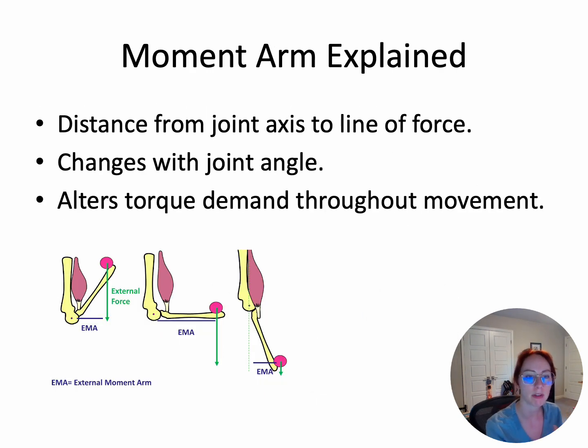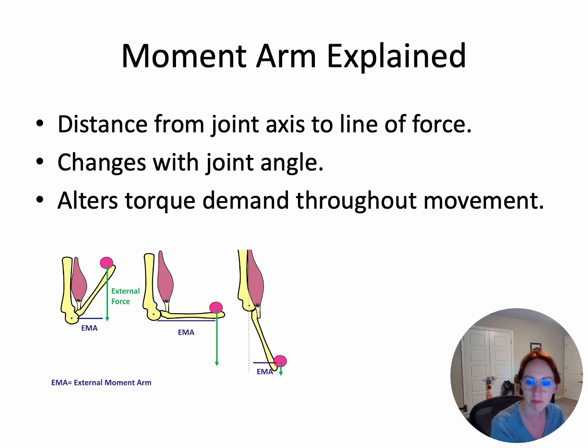So going a little bit further into that moment arm. Again, the moment arm is the distance from the joint axis to the line of force. It changes with the joint angle, and it alters the torque demand throughout the movement. This distance, that moment arm, is critical because it can directly influence torque production.